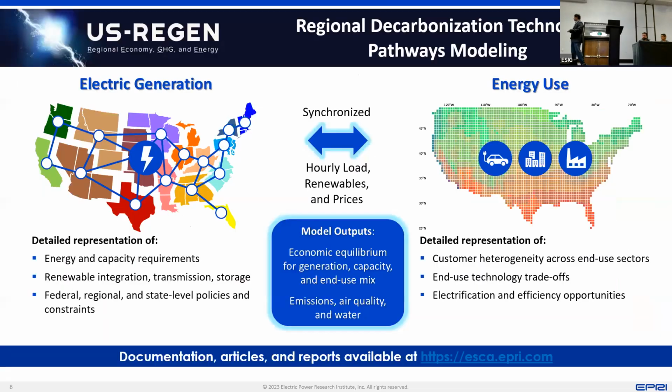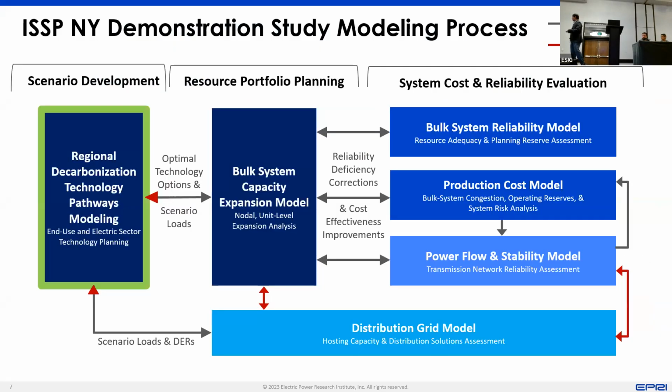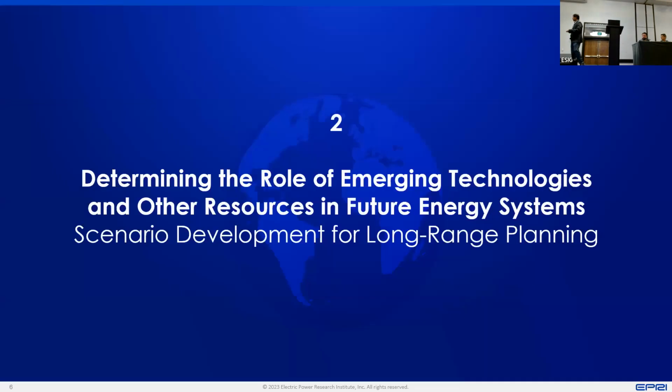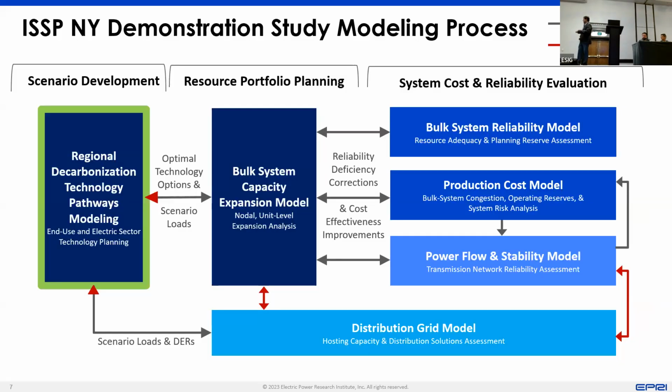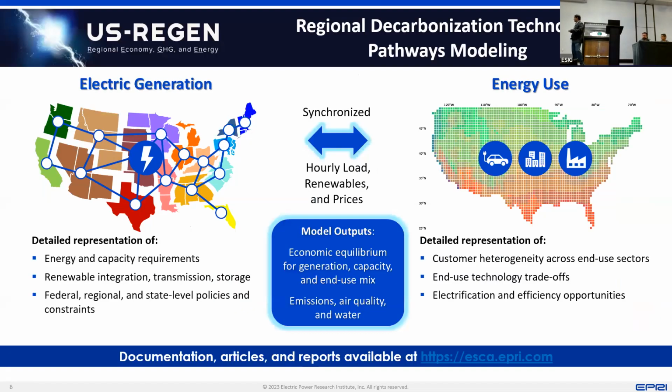Starting with the development of scenarios, this is the first block starting here. As I mentioned, we had this US Regen tool, which has a high level representation of the entire US power system.